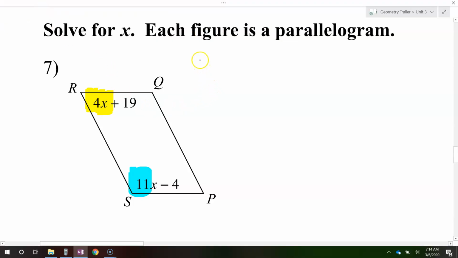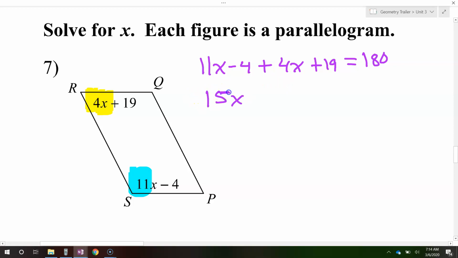So I should go 11x minus 4 plus 4x plus 19 should equal 180. The 11x and the 4x are like terms. That makes 15x. The negative 4 and the 19 are also like terms.